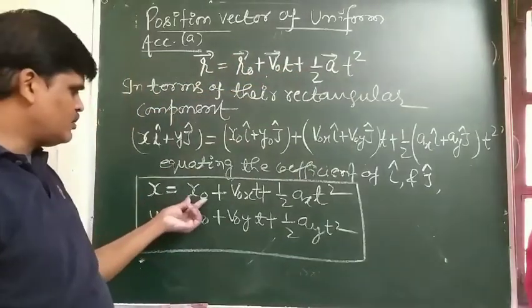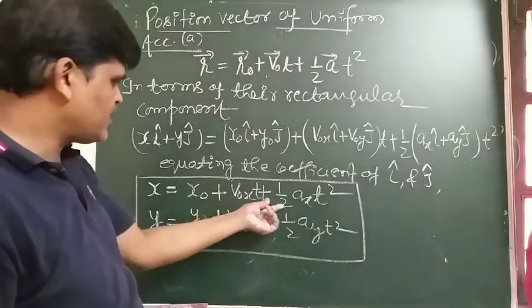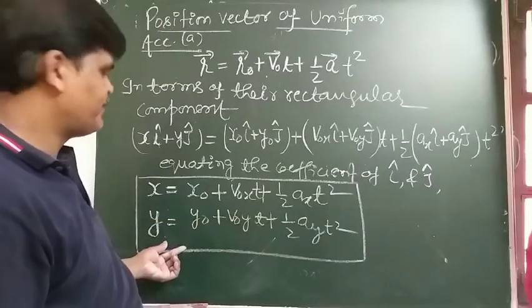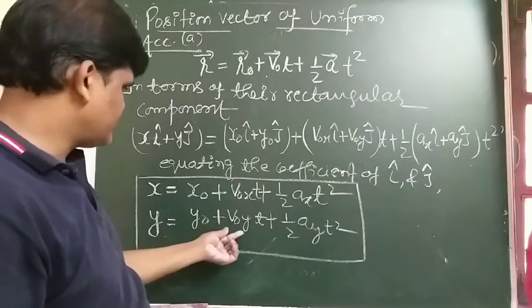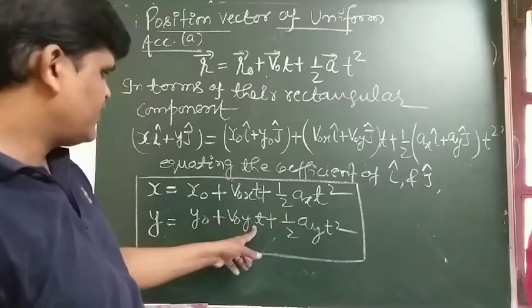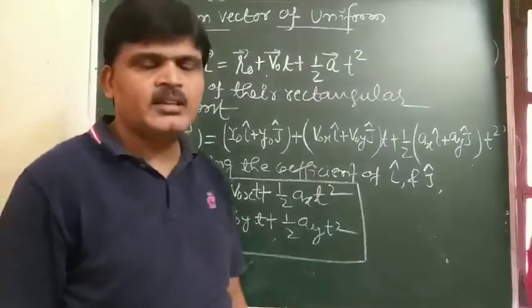So x equal to x0 plus v0x t plus half ax t square, y equal to y0 plus v0y t plus half ay t square.